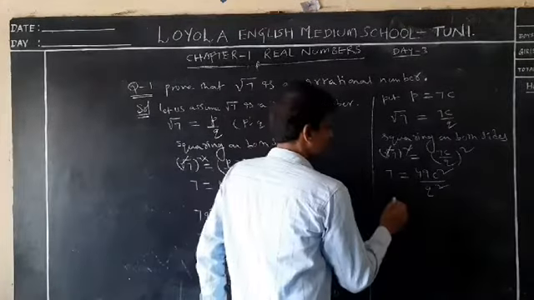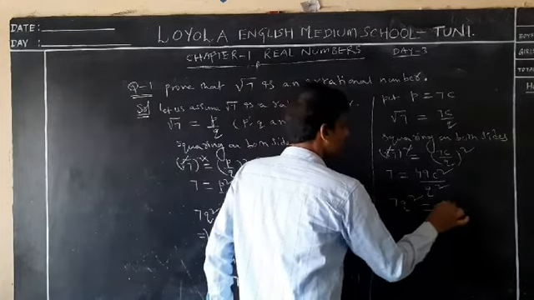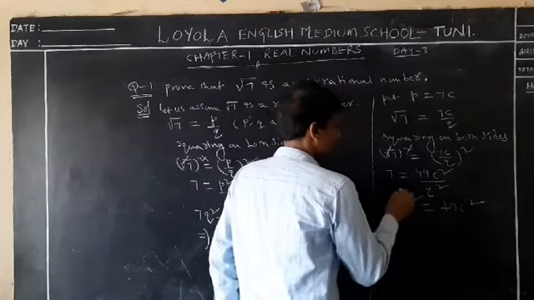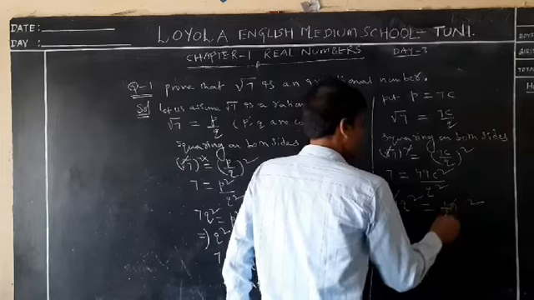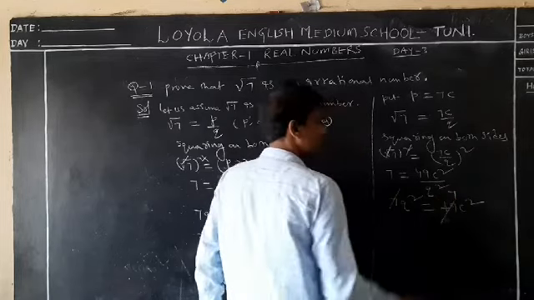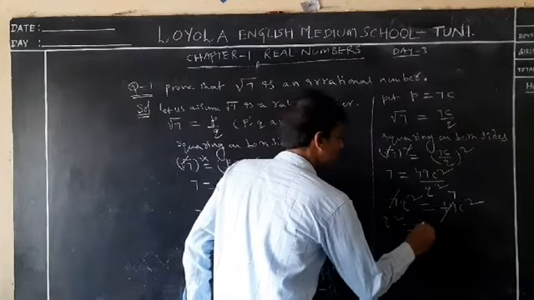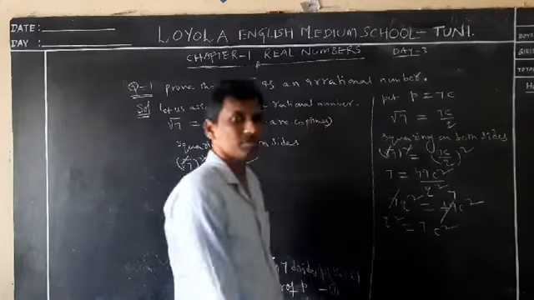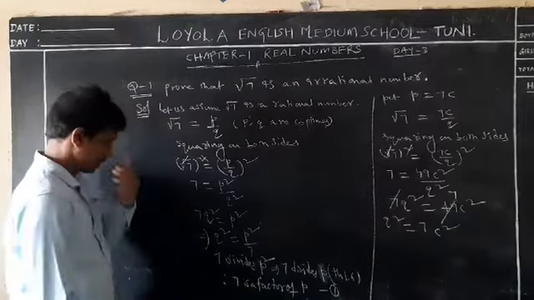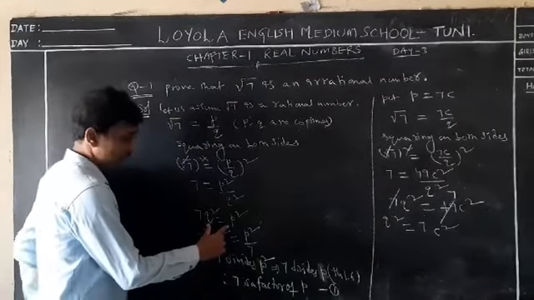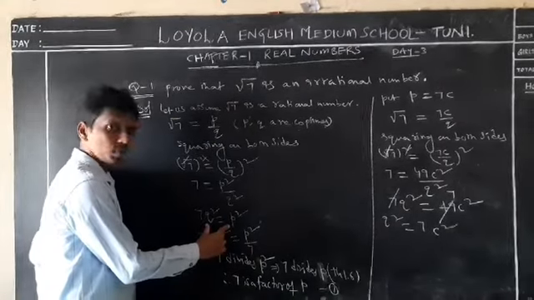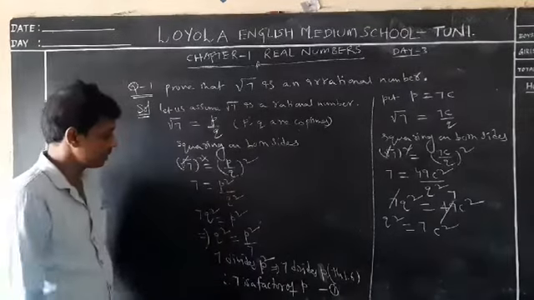Now, 7q square is equal to 49c square. Here 7 times is possible. Yes or no? So now from this we get q square is equal to 7c square. Go through this step again.